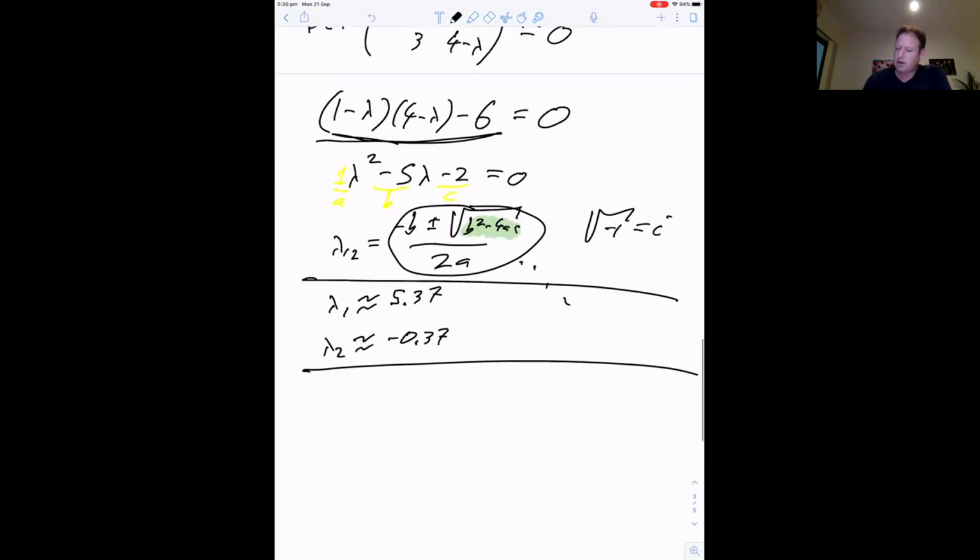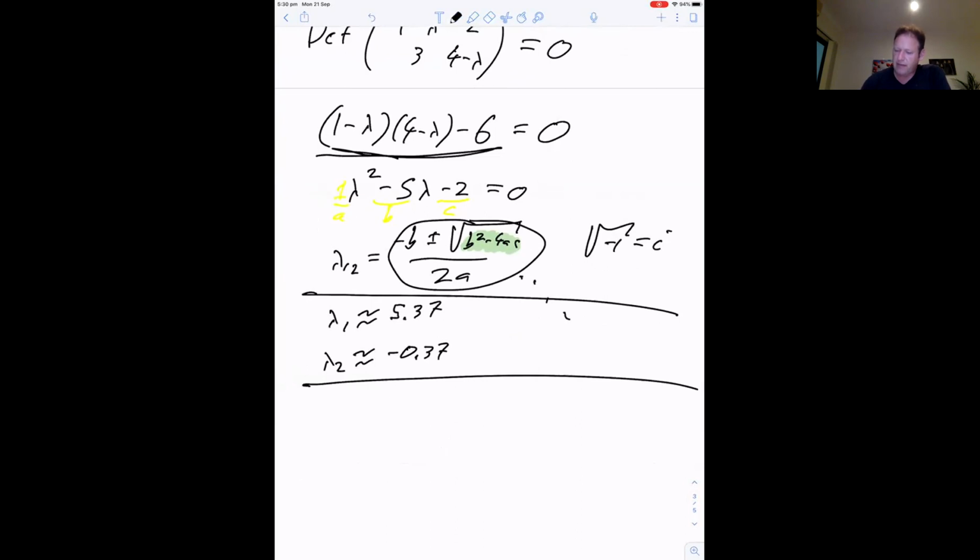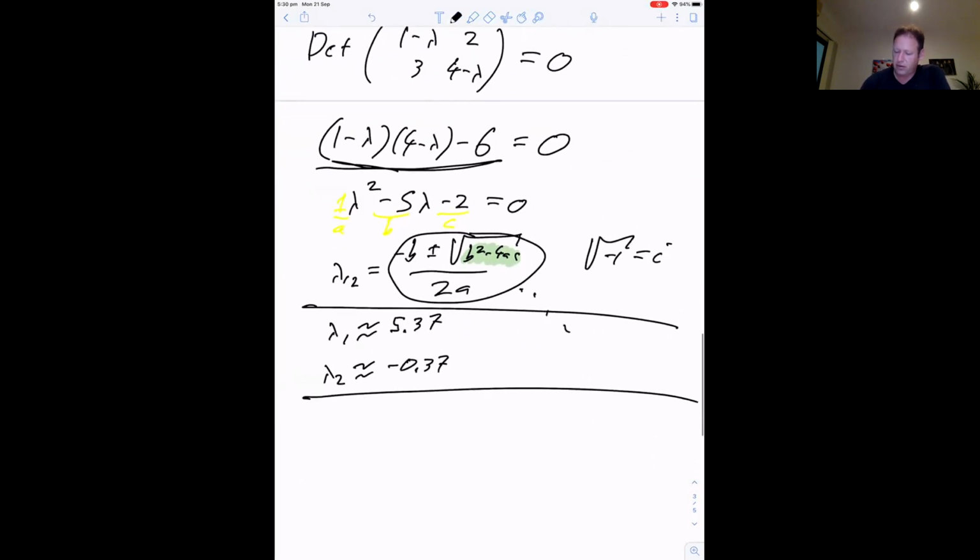Okay. Now, once you have these, if you look at now A minus lambda 1 I, this was like one specific B, and you ask what x is in its null space, okay?